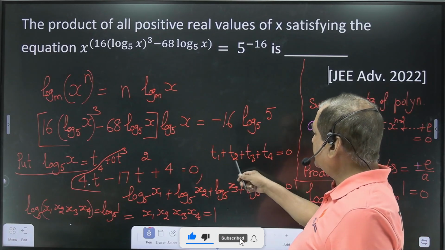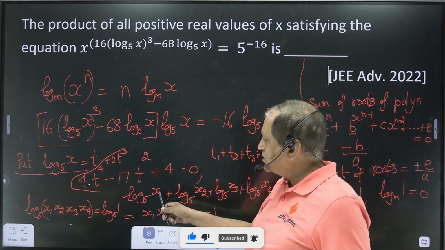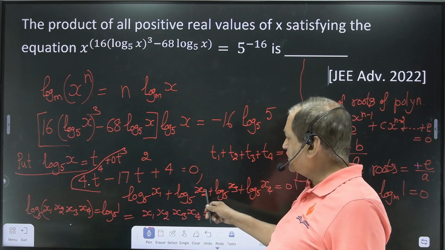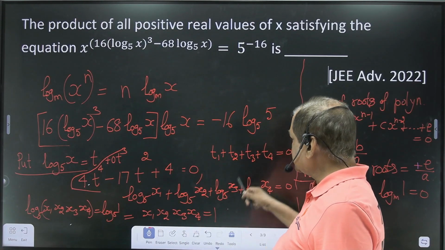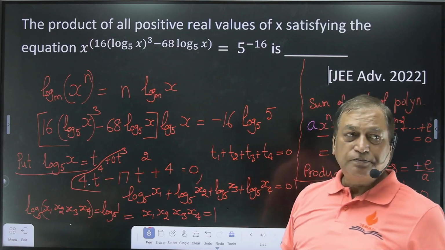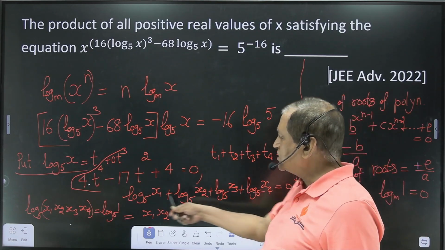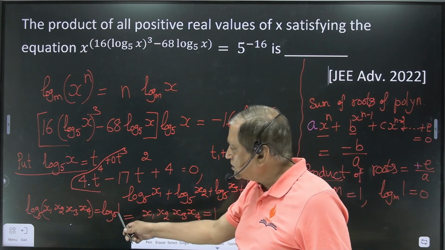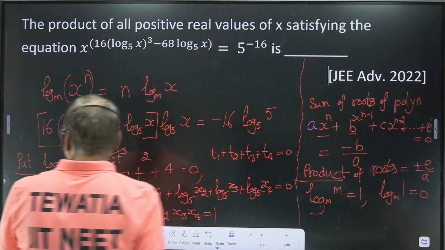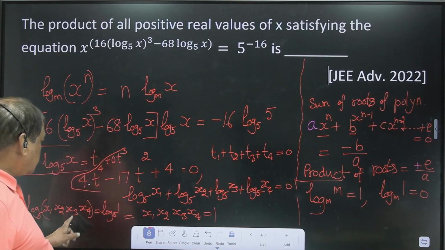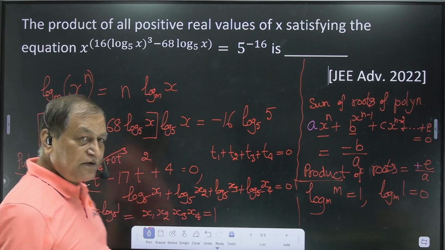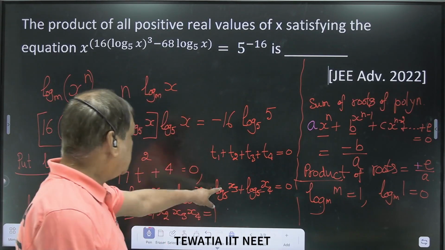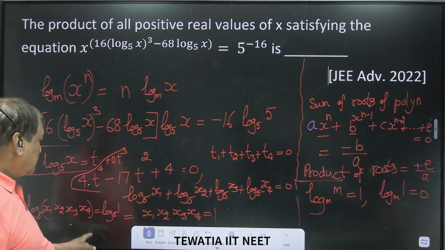And what is t1 plus t2 plus t3 plus t4? That is log x1 to the base 5 plus log x2 to the base 5 plus this plus this, which is 0. Then the summation of these logs is log of x1 x2 x3 x4 to the base 5. This product is equal to 0.